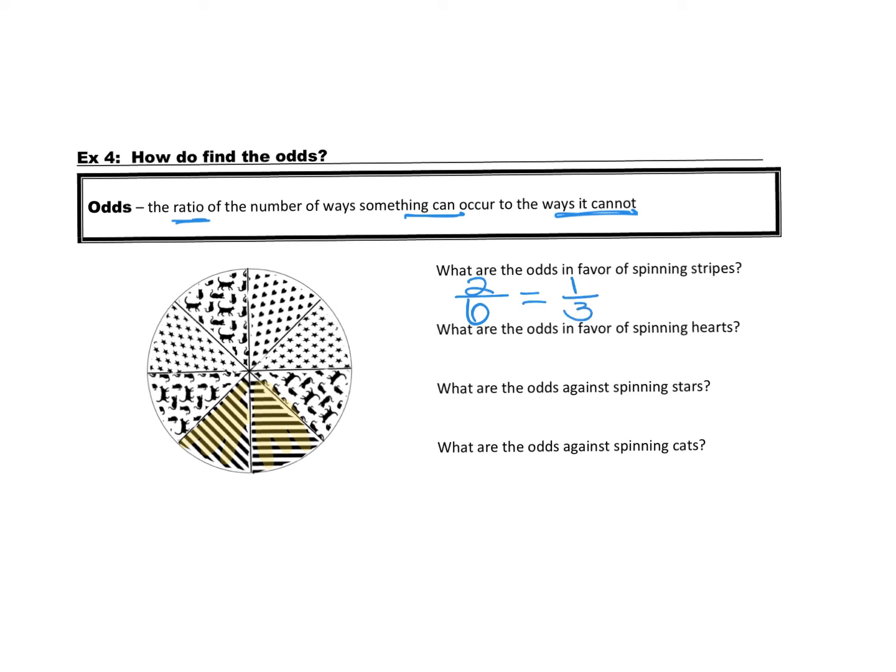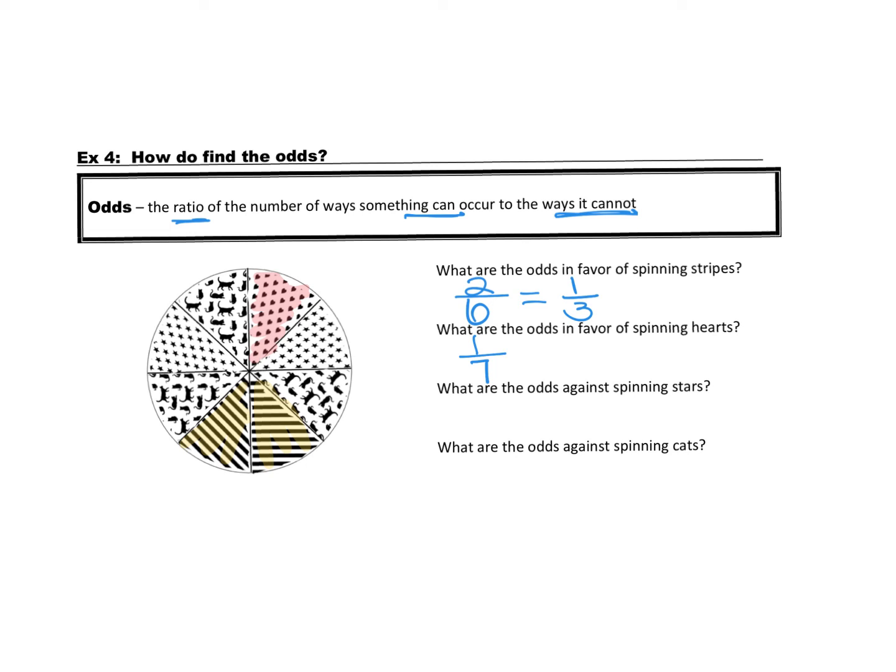So then what are the odds in favor of spinning hearts? Well, here's our hearts right here. And so we have just 1 there. So we have a 1 chance of getting the hearts, and a chance of getting something else other than hearts would be 7, a 1 to 7 chance.